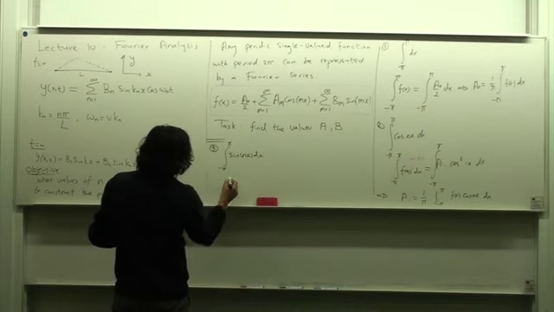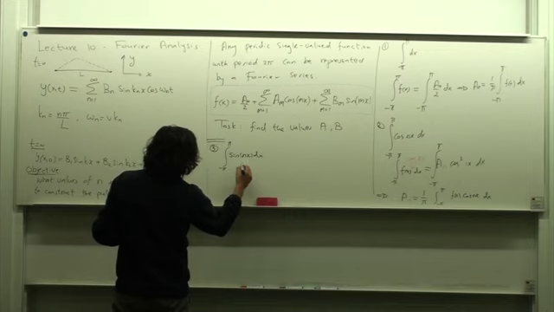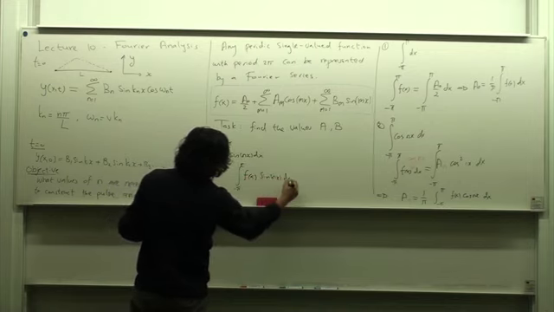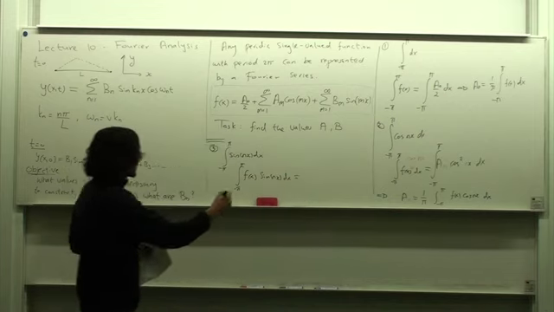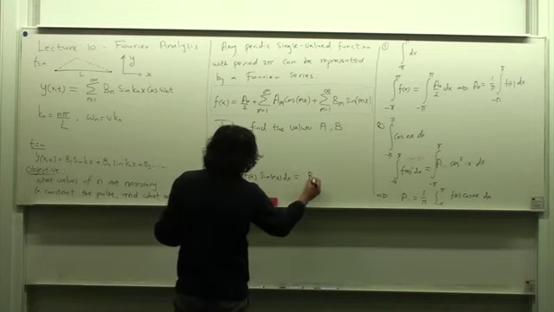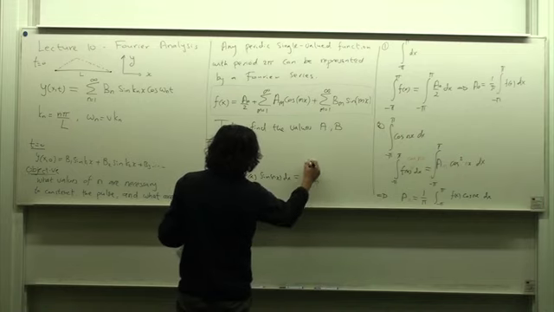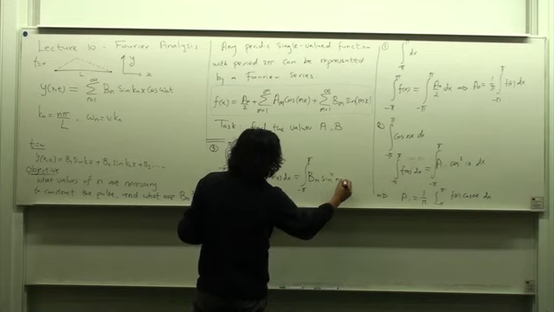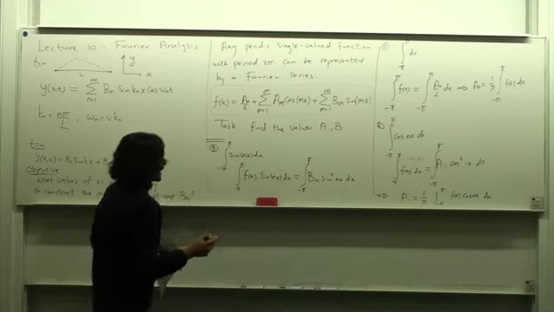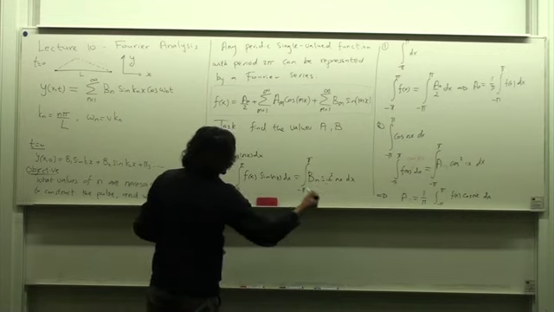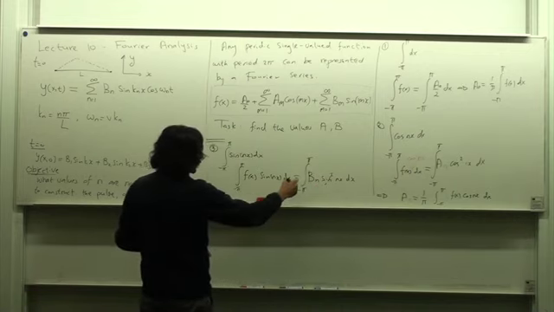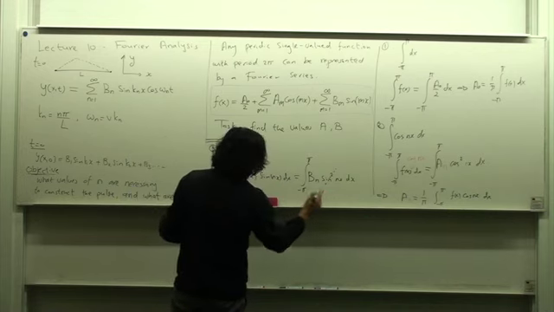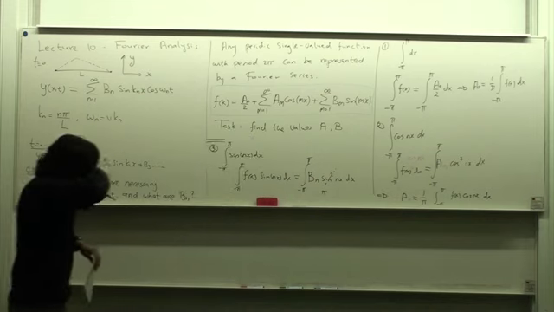So we can write from minus pi to pi fx times sine nx on the left side. And the only thing that survives on the right side would be now bn times sine squared nx dx. And again, this gives a 1/2, and then it goes from minus pi to pi, then this is 2 pi, so in total it would give 1 over pi.